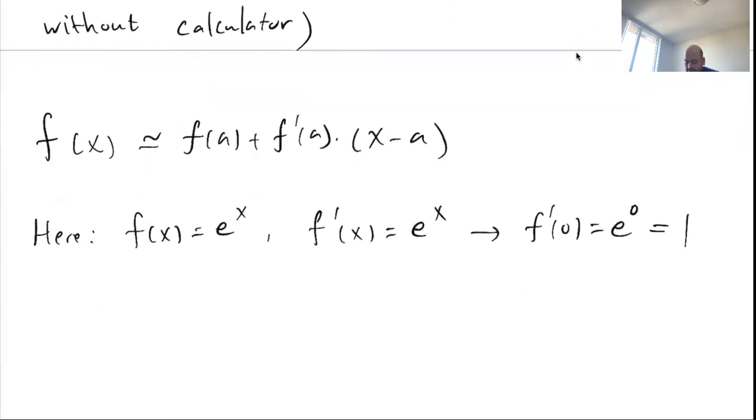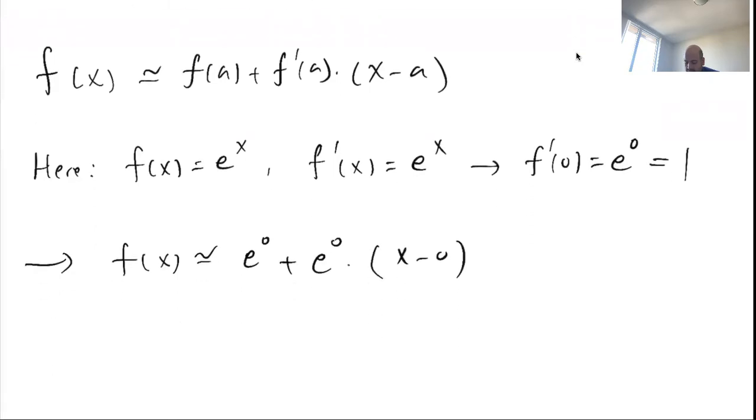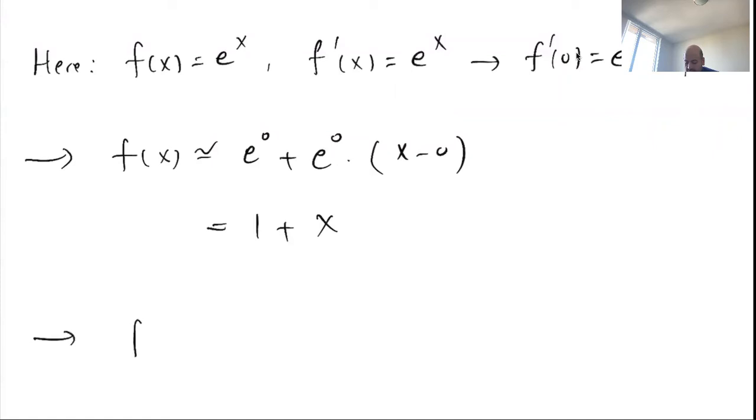And so we can see that f of x is almost equal to e to power 0 plus e to power 0 times x minus 0. So that is 1 plus x. So f of x is almost equal to 1 plus x for x close to 0. That is, e to the x is almost equal to 1 plus x for x close to 0.